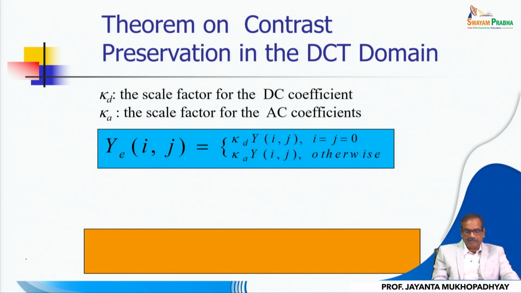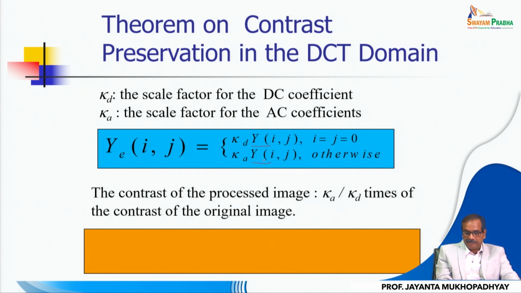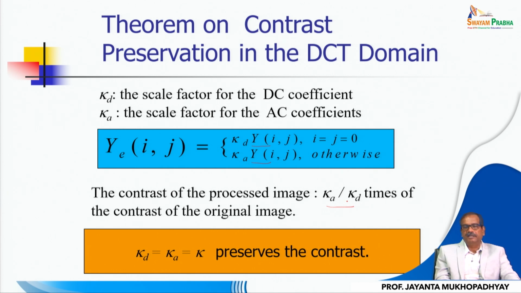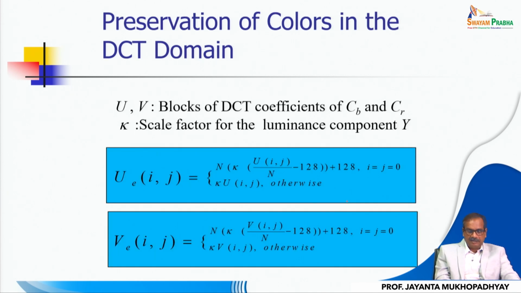So this is what is explained here, that we perform the scaling of DC coefficients and AC coefficients. We can do it differently, but then your contrast would also be varied in this way, but we would like to preserve them and we would like to make this scale the same.